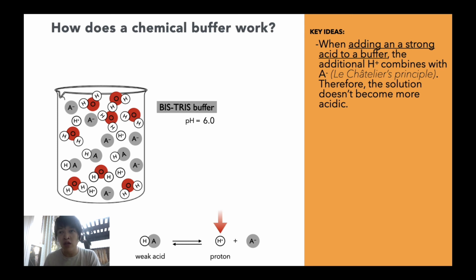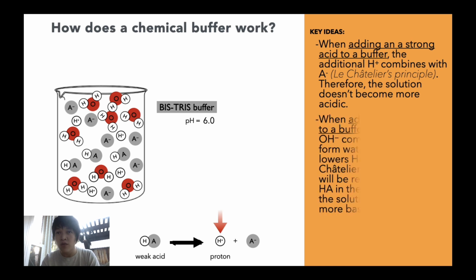This would make it so that there's less product. And in order to undo the stress, according to Le Chatelier's principle, the system will shift in the forward direction to remake the H+ ions. Therefore, the pH will not change since the concentration of the H+ ions doesn't change.